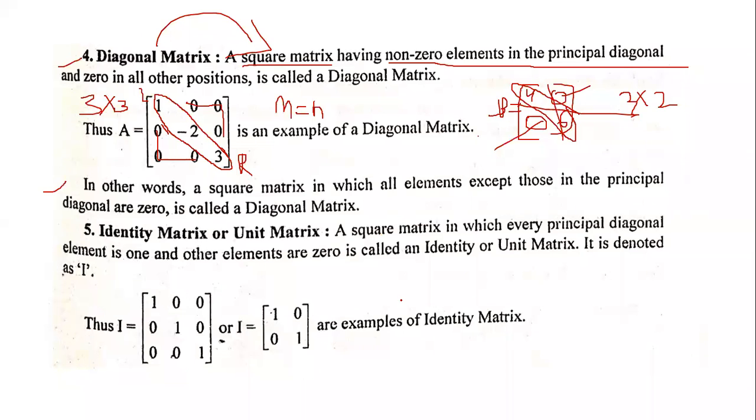We'll be using all sorts of matrices when we start solving problems. Now, moving further to the identity matrix or unit matrix. The identity matrix is again a square matrix. What is a square matrix? One where the number of rows is equal to the number of columns.